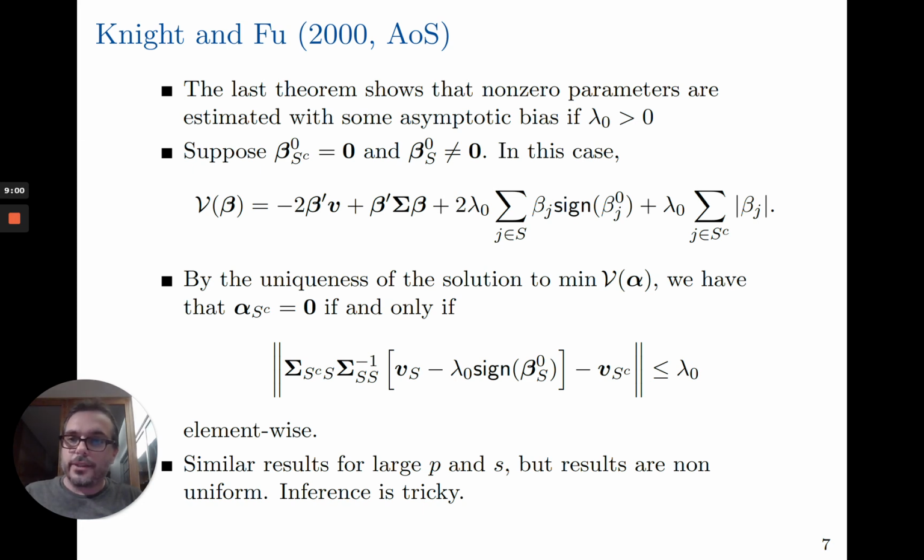We cannot guarantee that if we do not condition on the correct selection of the model, then the distributions can be much more complicated than normal, and inference will be tricky, right?